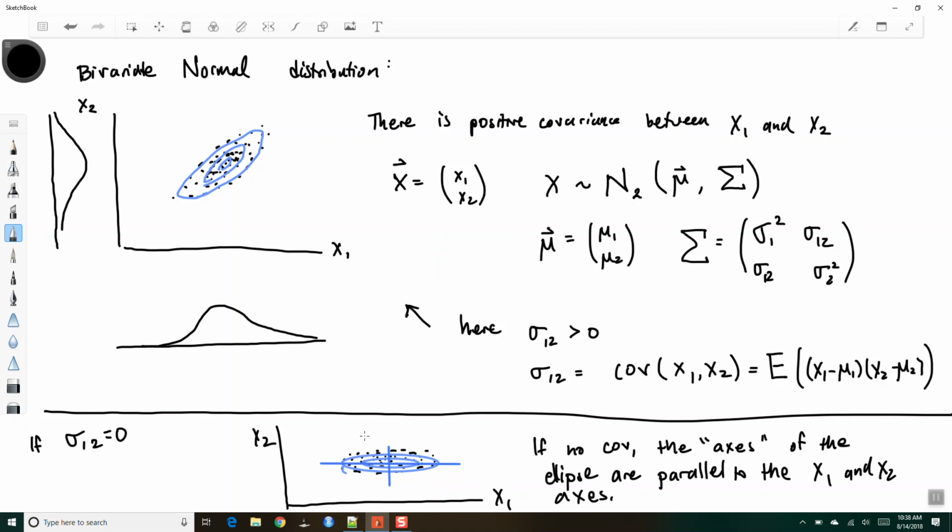Okay, so this is the bivariate normal distribution.